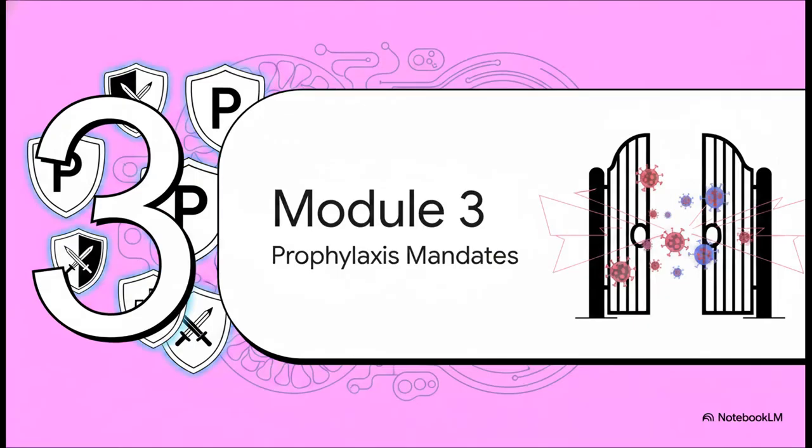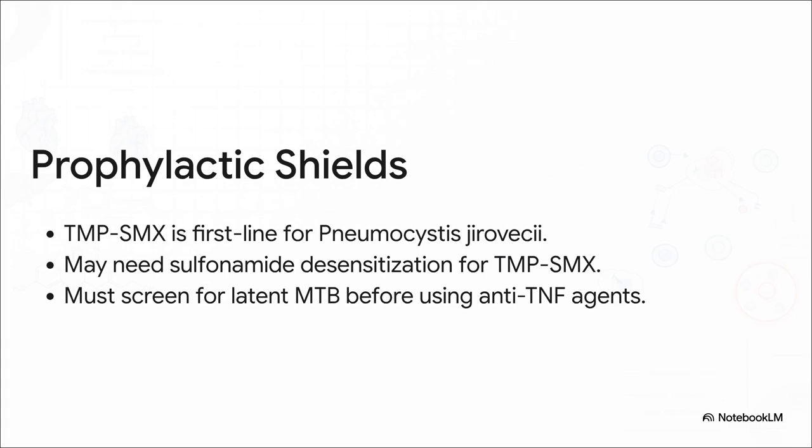Module 3, Opportunistic Prophylaxis Mandates. Let's look at how we guard the gates of a completely suppressed immune system. So the key takeaway here is your absolute mandate for a fungal and protozoal shield. Universal prophylaxis explicitly demands trimethoprim-sulfamethoxazole, or TMP-SMX, for the first 6 to 12 months post-transplant to cover Pneumocystis jirovecii and Toxoplasma gondii.